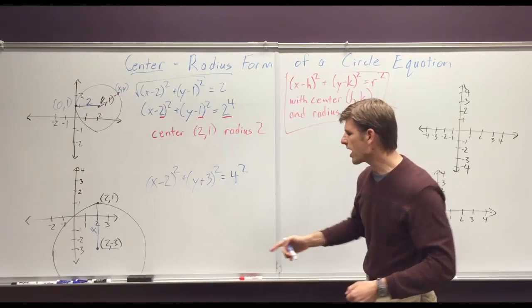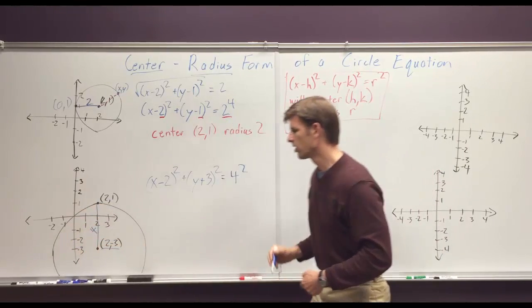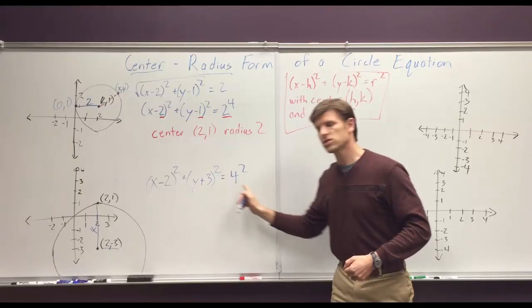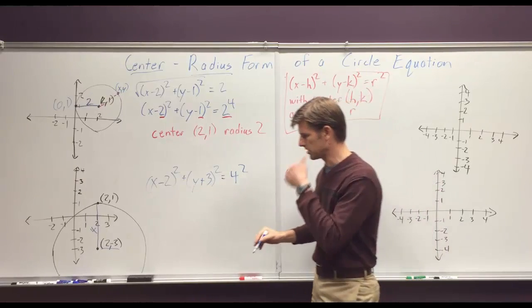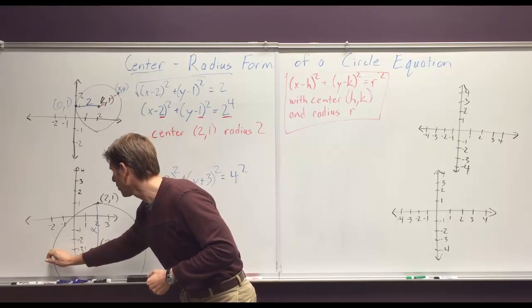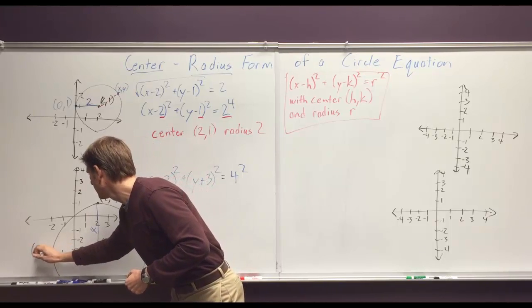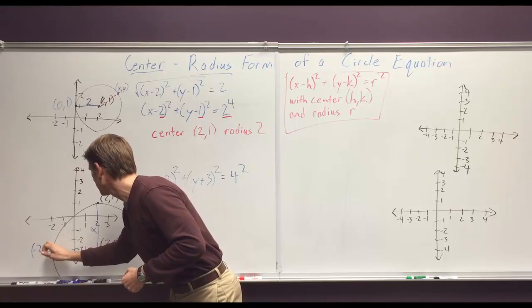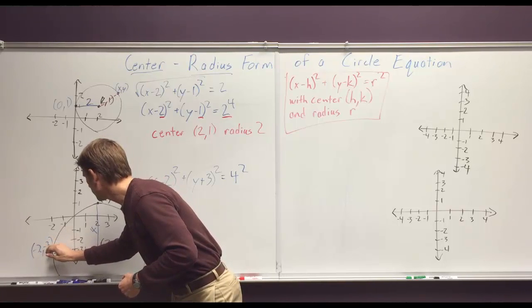And you could actually check that every point here actually satisfies that equation. So for instance, if the radius is really 4, you ought to go left 4. You've got a point here that is -2, -3. That's a really ugly 3.